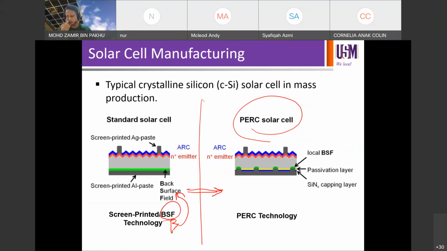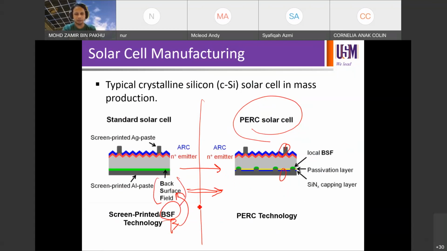If you're going to SunPower, then they're doing PERC, but with a slightly different contact configuration. They're all doing contact at the back. But in this case, it's just a typical technology where you have double-sided contact, at the front and at the back. The very same thing from left to right, except the previous technology, BSF, has a very thin layer of BSF.